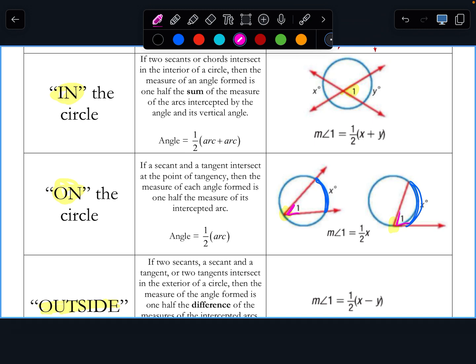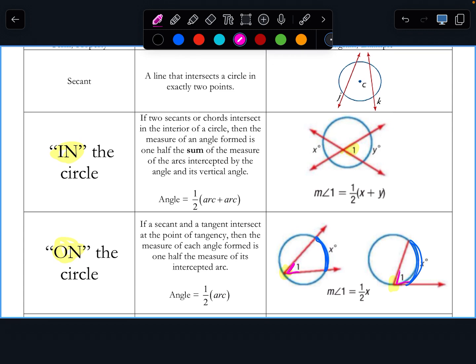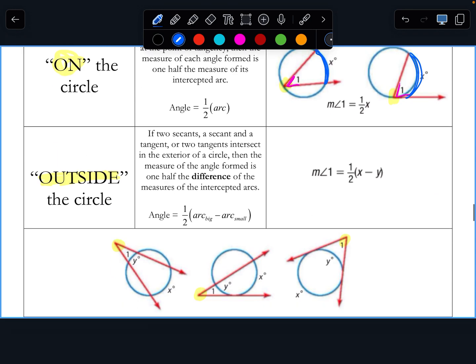Now for the inside and the outside, one's adding, one's subtracting. The adding one is when it's inside the circle. You take the two arcs across the angle, add them, and divide by 2. So you're going to average them. That's how you find that angle.